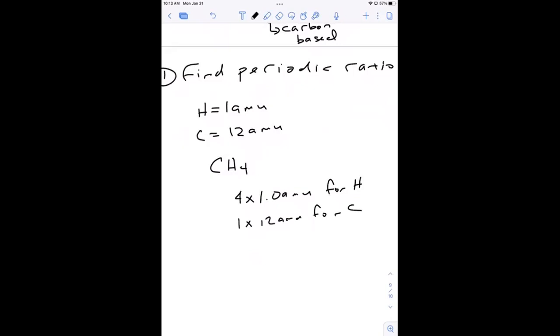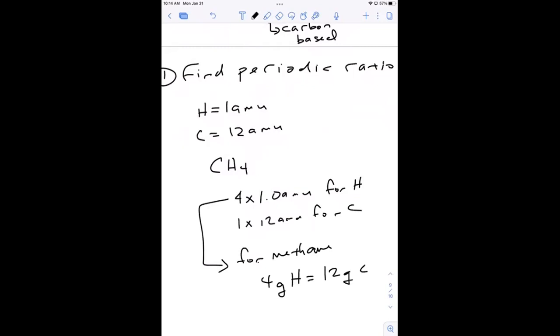So this is going to be our ratio. We can now say that for this compound, for methane, 4 grams of hydrogen is equal to 12 grams of carbon.